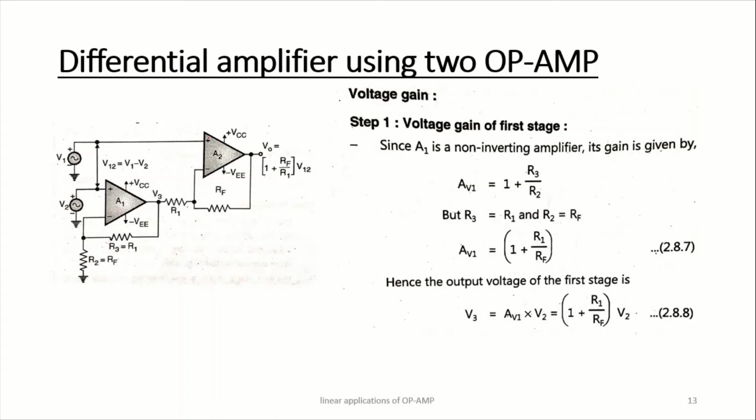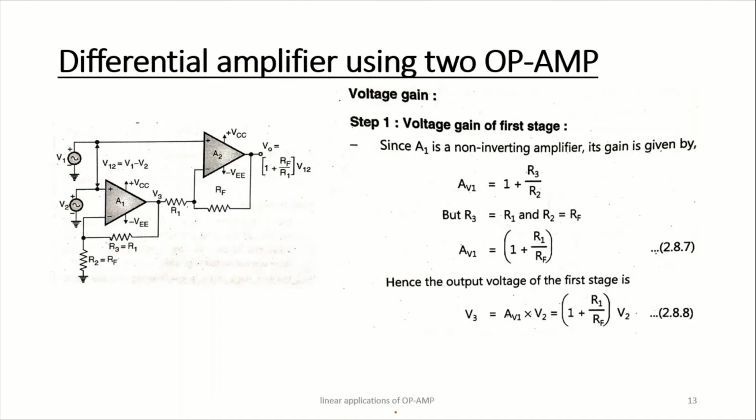And amplifier A2 is a difference amplifier, meaning it amplifies the difference between its two inputs. The gain and input resistance of the differential amplifier can be increased if we use two op-amps. The characteristics of the circuit shown in the figure are identical to those of a non-inverting amplifier.